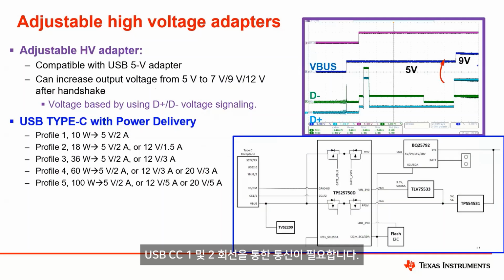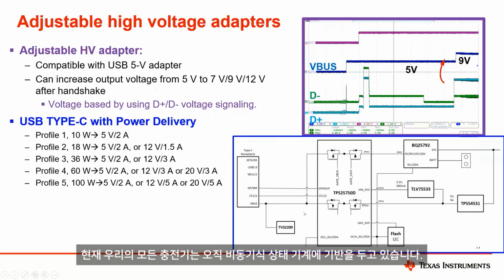Currently, TI doesn't have any chargers that do that because that type of communication is very complex and basically requires a little processor. And all of our chargers right now are based solely on an asynchronous state machine.